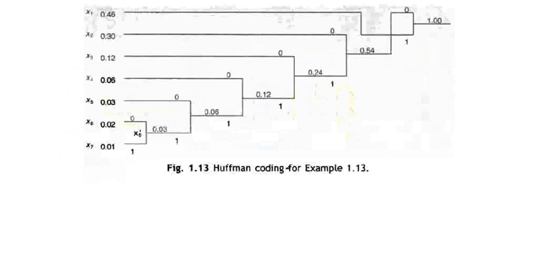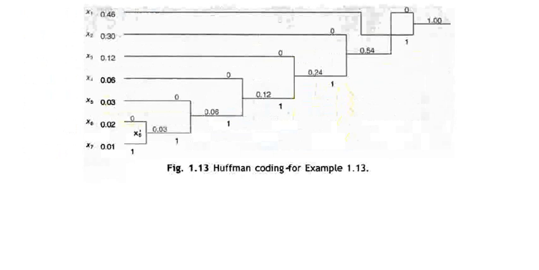So, first we need to tie the two least probable symbols, that is 0.02 and 0.01. The combined one is 0.03, and the least one is assigned 1 and the highest one is assigned 0. And the next two least probabilities are 0.03 and 0.03. We need to combine these two and the sum probability will be 0.06.